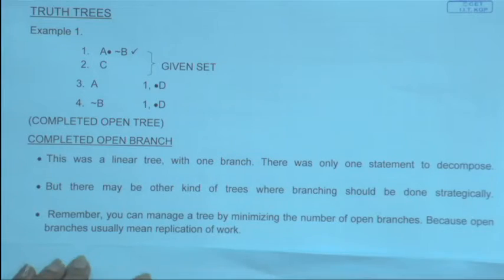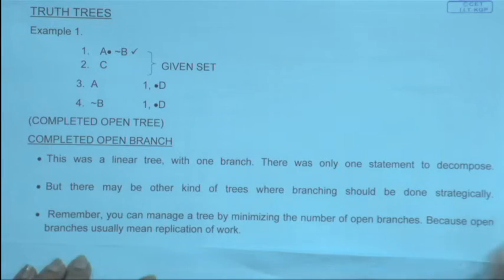How do you know which branches are going to remain open and which ones are going to soon close down? Well, that is where your grasp of the decomposition rules comes in. You need to understand these decomposition rules and approach the tree with an open eye. Look at the root and you know what the decomposition rules can give you. So, you can soon see, it is like a chess game. Two or three steps down, you can see that if I do this, the branch is going to close down fast, right.